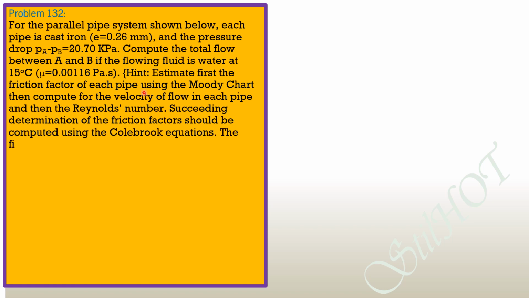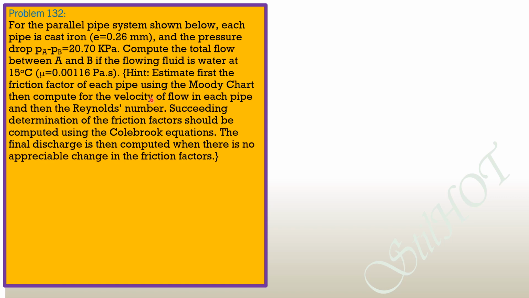One is by using the Moody diagram and then the Colebrook equation from the transition of flow from smooth pipe to fully rough pipe.